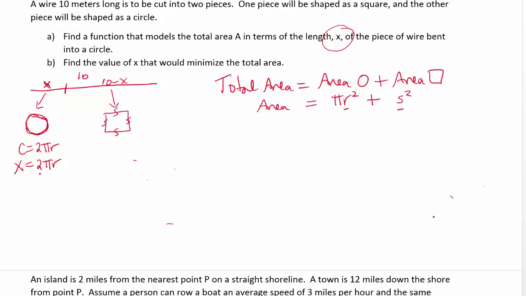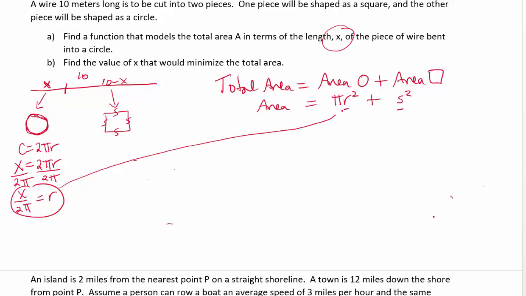So this constraint right here is what we're going to use to do that, because we're going to solve this for r, because r is the thing we're trying to get rid of. And this gives us a formula that we can now use over here to replace that r and turn it into an x. So this is going to become pi times x over 2 pi quantity squared.